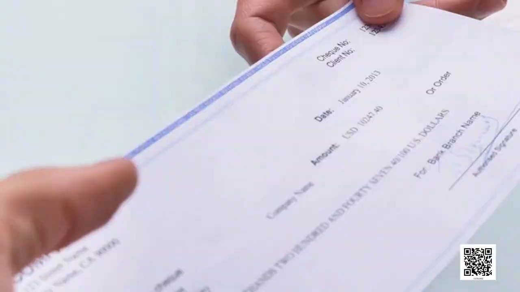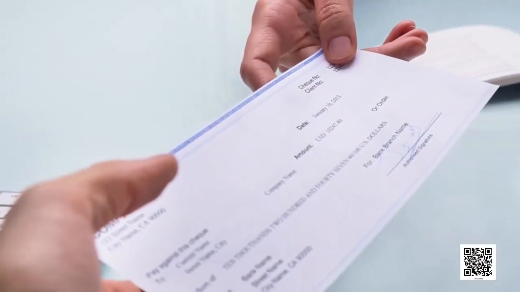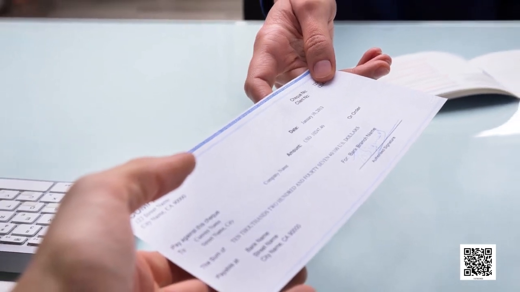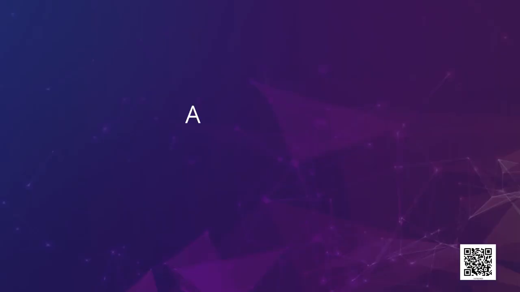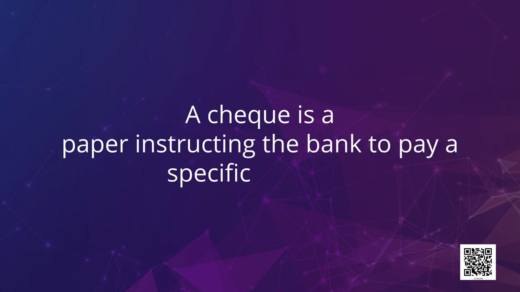Payments are made by checks instead of cash. For payment through check, the payer who has an account with the bank makes out a check for a specific amount. A check is a paper instructing the bank to pay a specific amount from the person's account to the person in whose name the check has been issued.